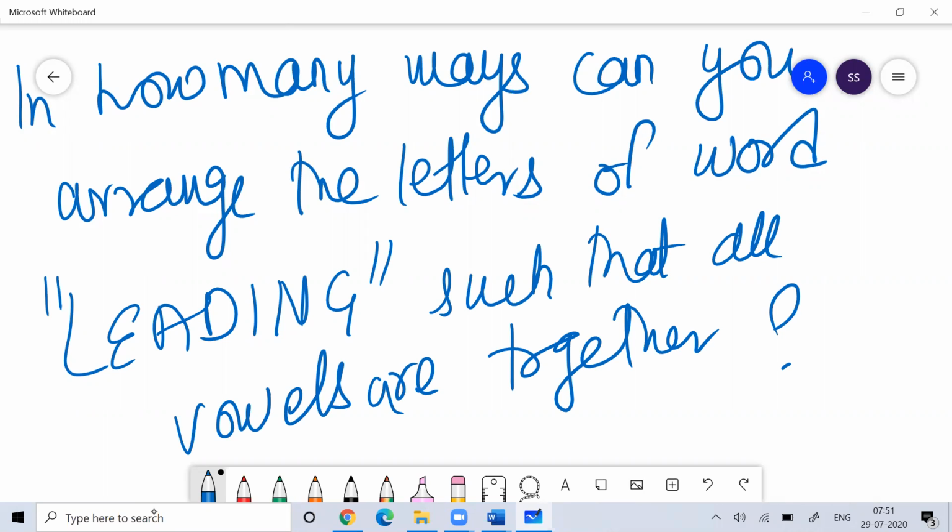So how will you do this? Then E, A, and I will be together, right? Yes. So it'll be, would it be 7 factorial divided by 3 factorial?